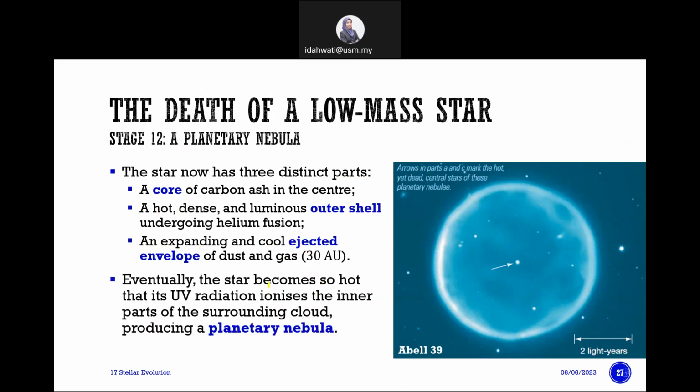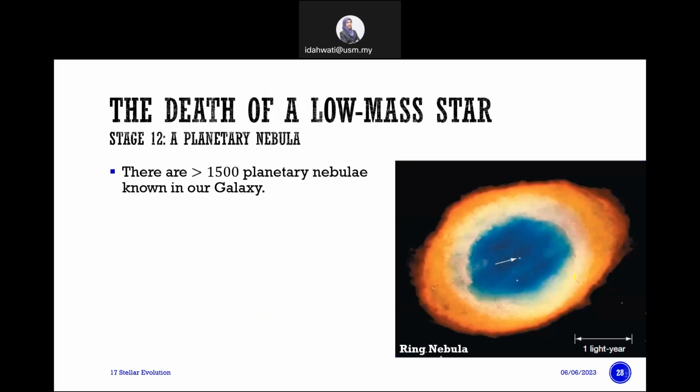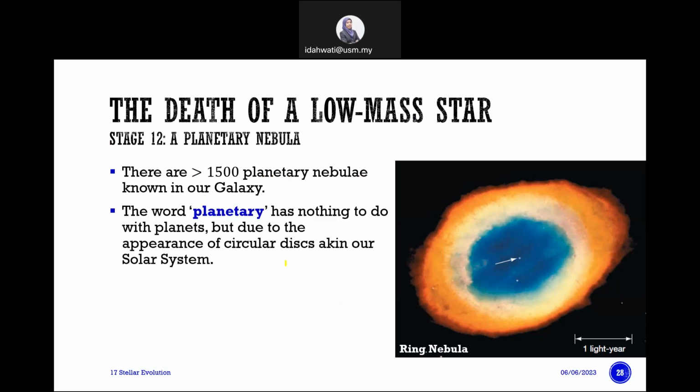So eventually the star becomes so hot that its UV radiation ionizes the inner part, producing a planetary nebula. There are more than 1,500 planetary nebulae known in our galaxy.